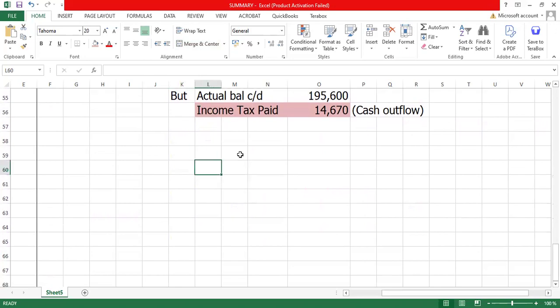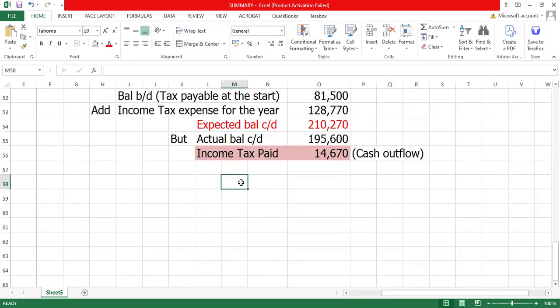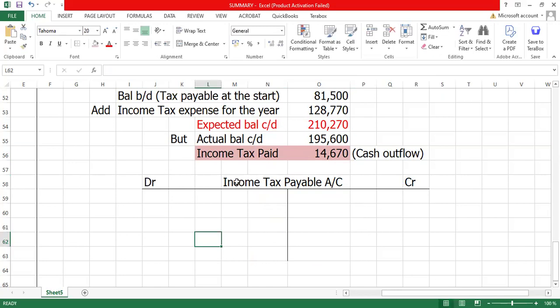Like now here, when you're using T account, but I don't encourage that. It wastes time. You put here income tax payable account. Remember, if it's a payable account, that is a liability. Since this is a liability, you expect the balance carried down to be on this side.